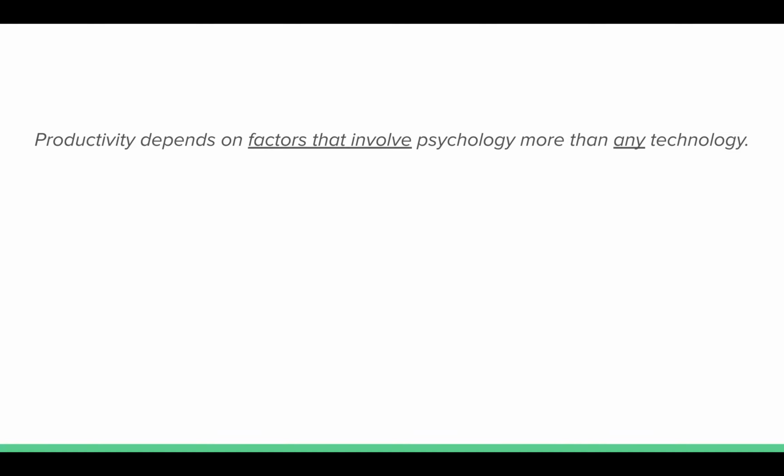Now you might argue, you could spend some time arguing that, well, factors that involve psychology isn't necessarily all of psychology or psychology itself. These might just be things that are kind of related to psychology or have elements of psychology in it, but we can't attribute it to all of psychology. Sure, that's fair.